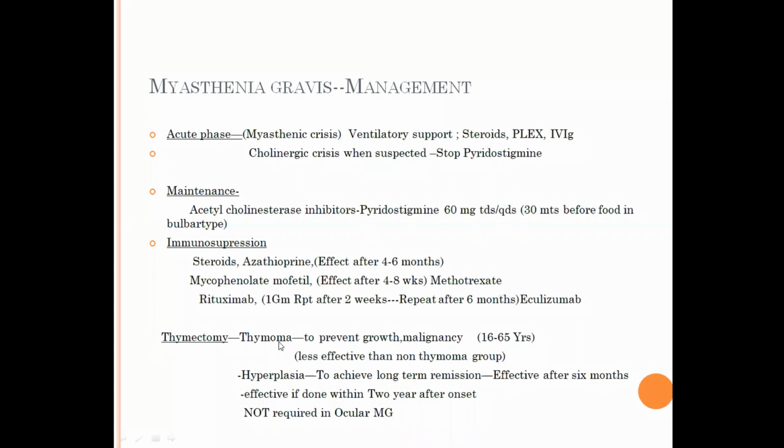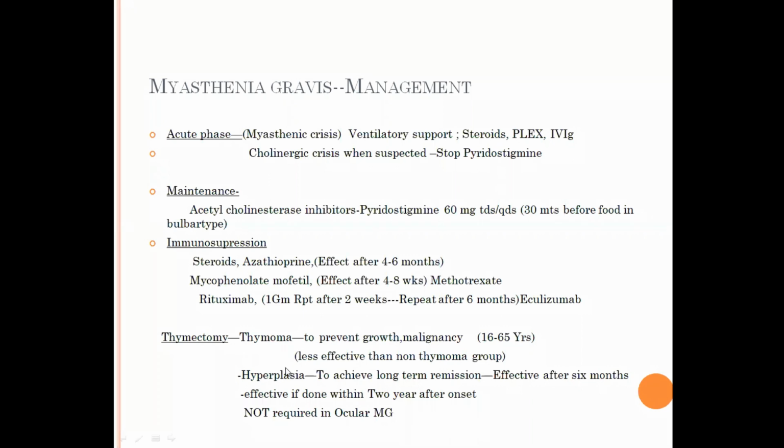Now, what about thymectomy? Well, the thymus is the laboratory where it produces the cells causing antibody production. So, if you remove the thymus, then long-term remission is quite good. When you do a CT chest or X-ray chest to look for thymus, if there is a benign tumor, you have to remove the tumor because it may become malignant.